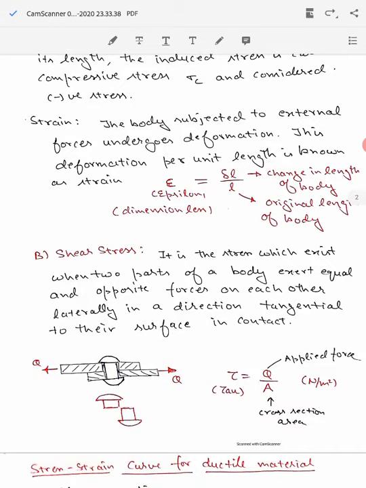So the body which is subjected to external forces will undergo deformation, and the measure of this deformation can be given as the change in length of the body divided by the original length of the body, and it is known as strain. Strain is represented by the Greek symbol epsilon, and as it is a change in length divided by the original length, it is a dimensionless quantity.